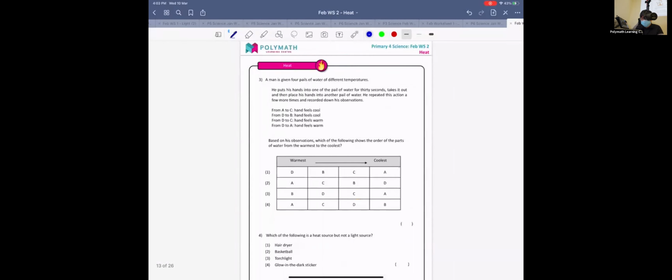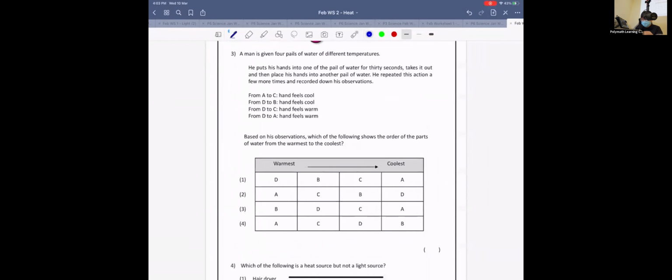Okay. Next, a man is given 4 pails of water in different temperatures. He puts his hands into one of the pails of water for 30 seconds, takes it out, then puts his hands into another pail of water. He repeated this action a few more times and recorded his observations.